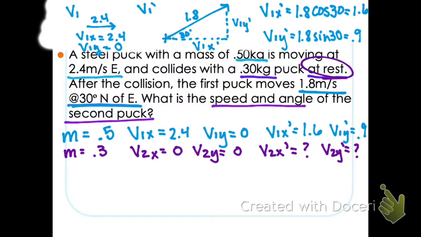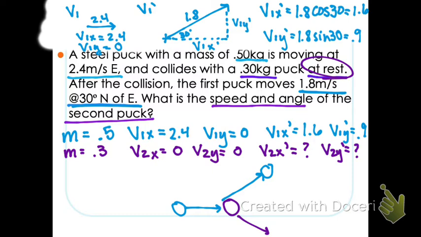In this case, we didn't have anything that's going to be negative. But I want you to see here if we can predict what is going to happen, right? My second object starts at rest. My first object moves east. After the collision, my first object goes here. So where do you think my second object might be going? Okay, forward, just straight forward?